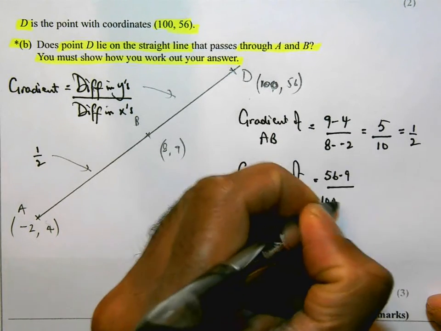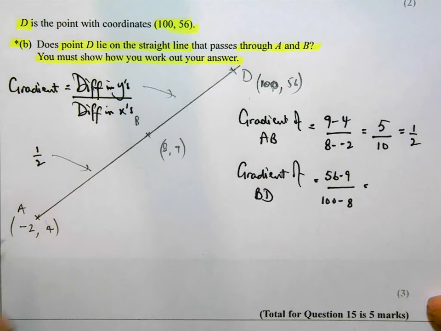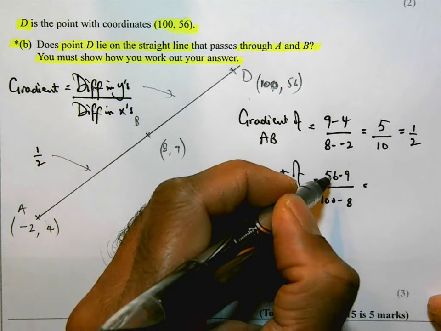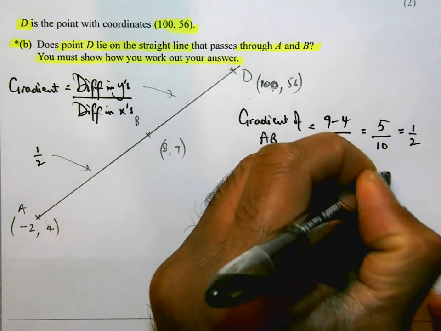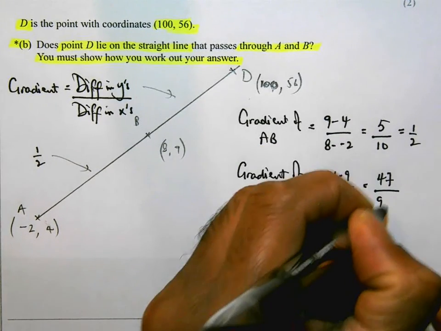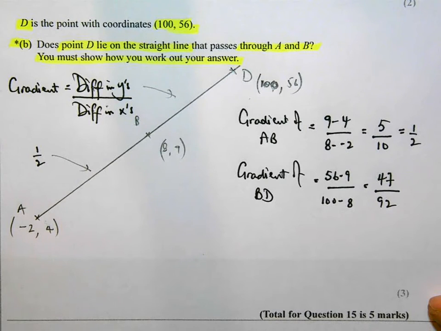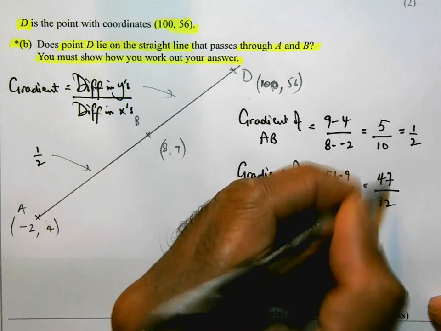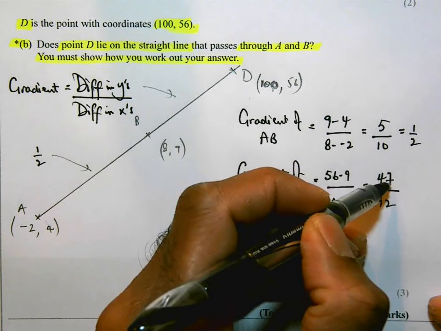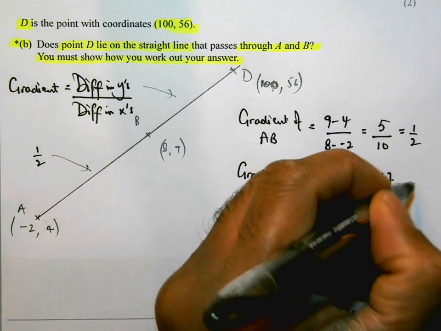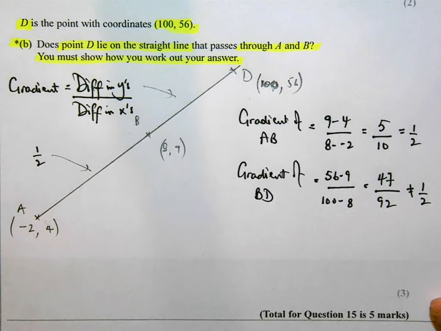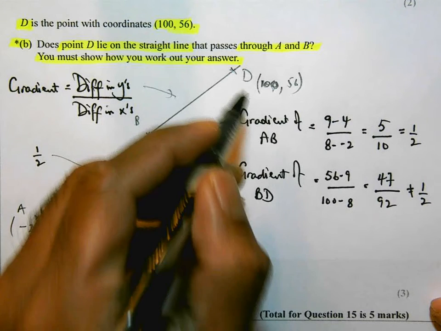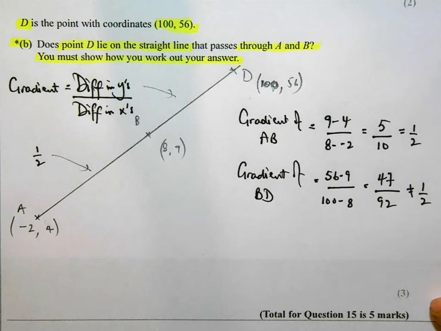What that gives me is 47 over 92. Now, just thinking about that, if I double 47 I get 94. So this is definitely not the same as a half. And that's enough to tell me that the gradients are not the same, and so D is not on the line AB. And that's what I'm going to put as my answer.